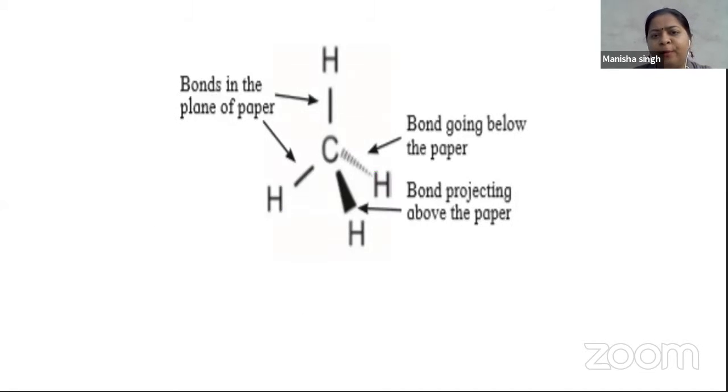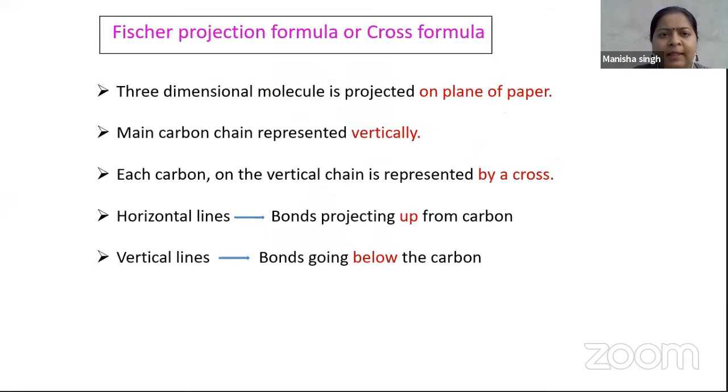So in wedge formula, if you remember, the dash lines are the bonds going below the paper, and the shaded lines are the bonds projecting above the paper, and the bonds which are single are on the paper. The next one is the Fischer projection or cross formula we have seen.